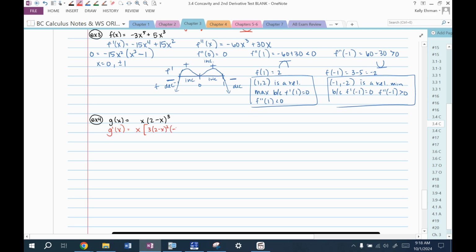Be careful here, it's minus 1, so don't overlook that. Plus the second times the derivative of the first, which is just 1. So let's clean this up. This is like negative 3x times (2 minus x) squared plus (2 minus x) to the third.